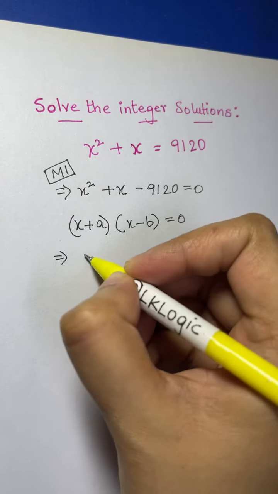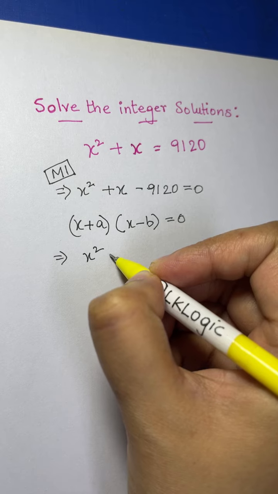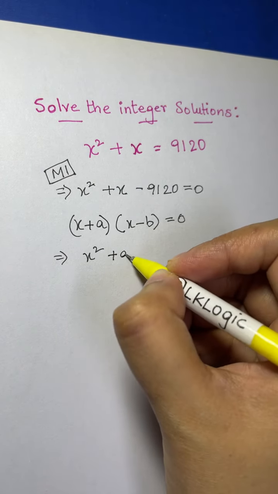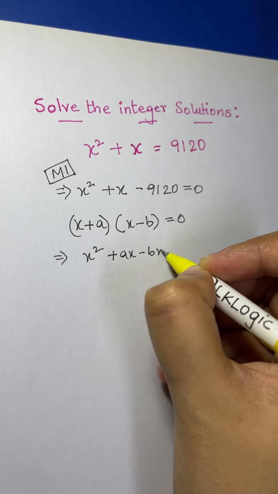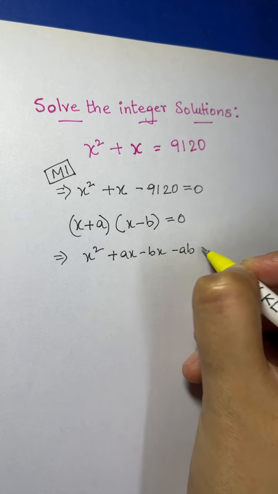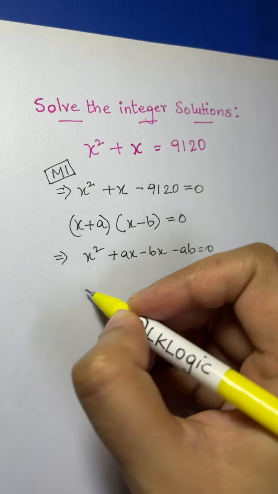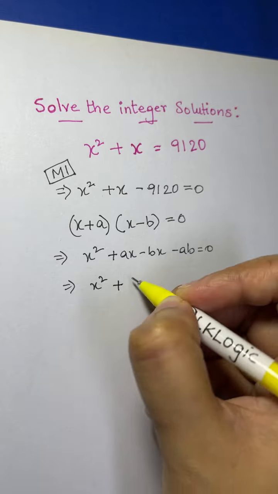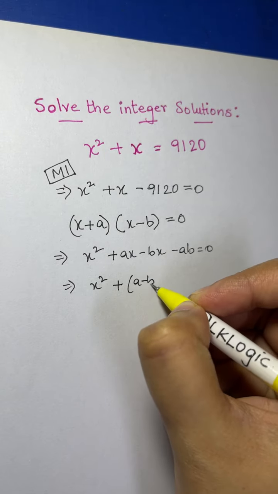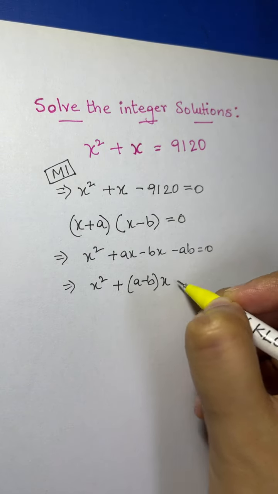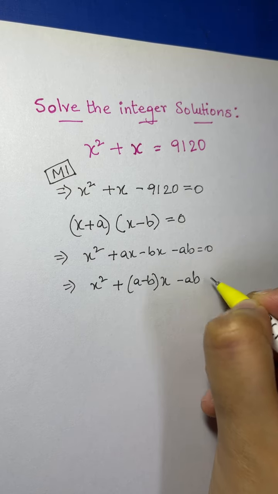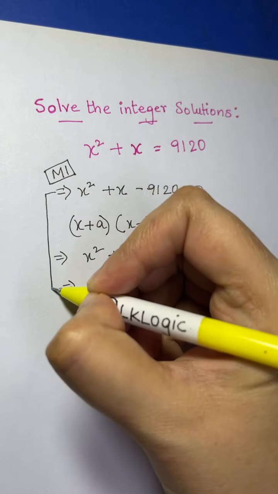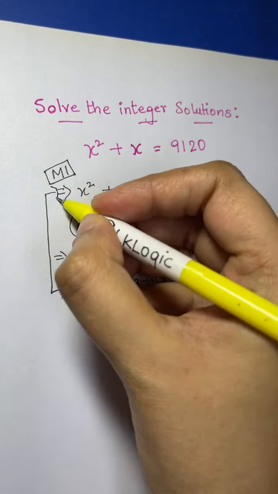That will be x squared plus ax minus bx minus ab equals 0. Now if you club this, you will have x squared plus (a minus b) x minus ab equals 0. Now you can compare these two equations.